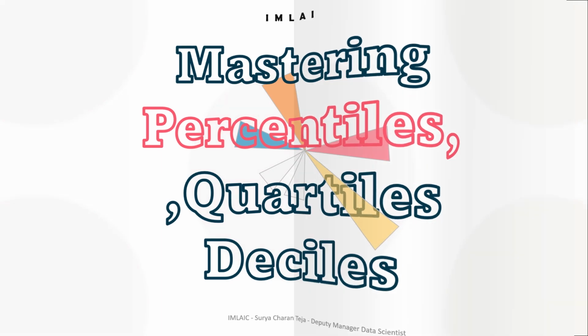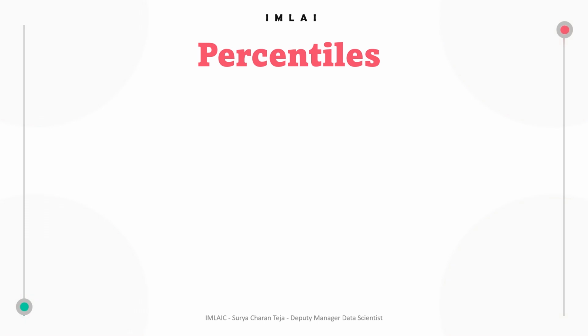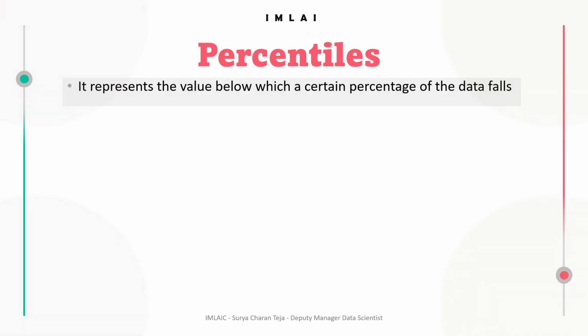Okay, let's jump into the percentiles and see what a percentile means. Percentiles are a way to measure how a particular data point compares to the rest of the data in a data set. A percentile represents the value below which a certain percentage of the data falls.